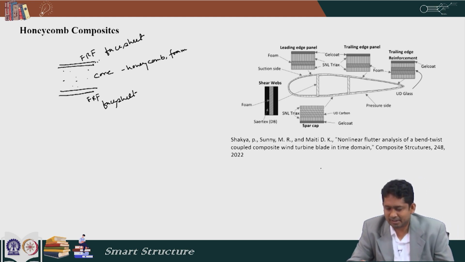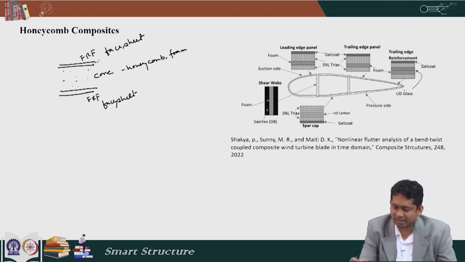For example, here we are showing one airfoil section of a wind turbine blade. We can see that at different places there are foam cores and various laminates are used, and at the surface there is a gel coat for better finish and better protection.